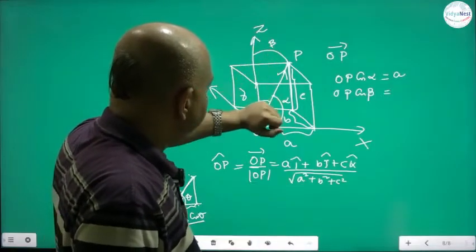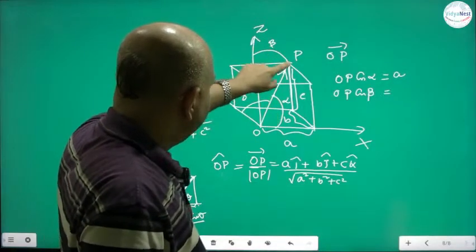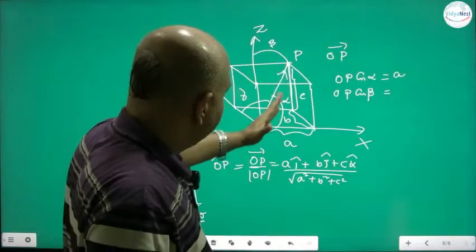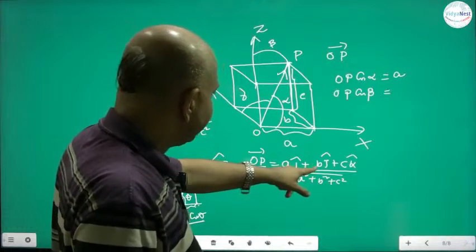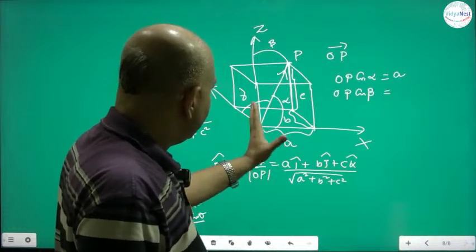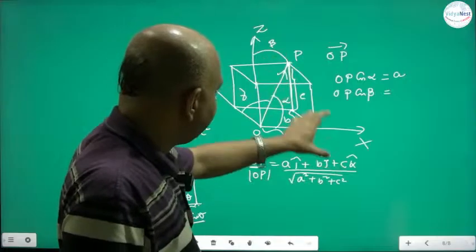So now, just like A I cap, B J cap, and C K cap, this C is along the z-axis, so C K cap.